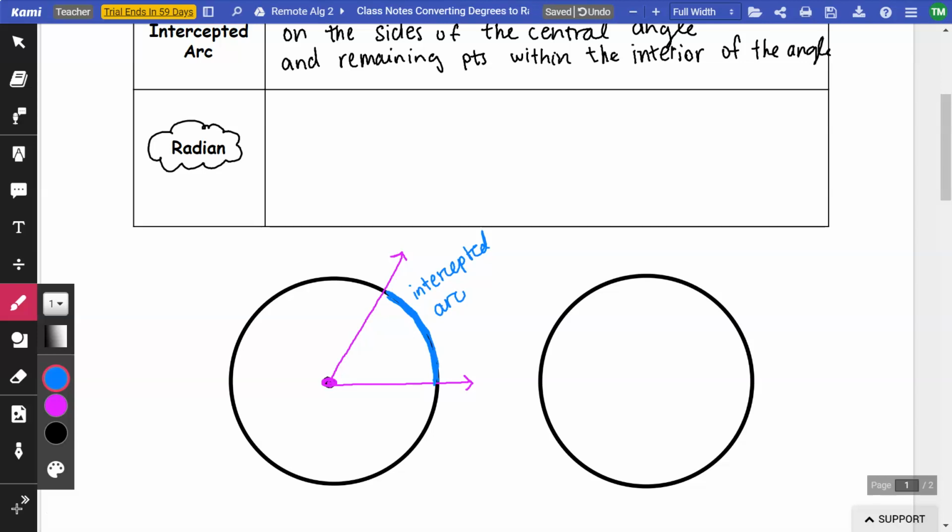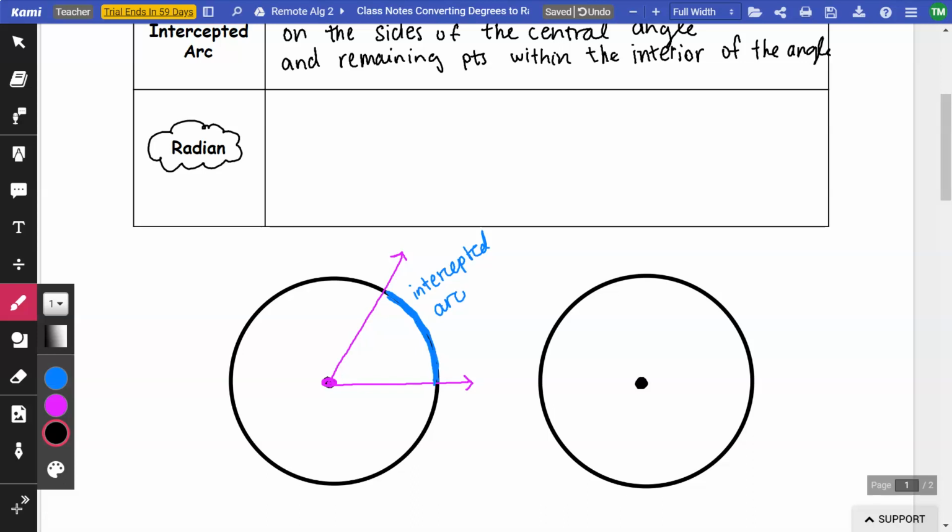Okay, then the other circle I wanted to use to explain what a radian is. So we're going to go ahead and add the center of the circle. So 1 radian actually occurs when the radius of the circle is the same distance as an intercepted arc. So let me draw a picture of what that means.